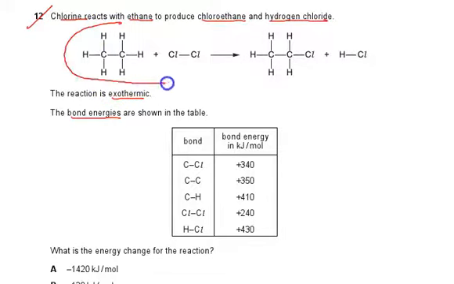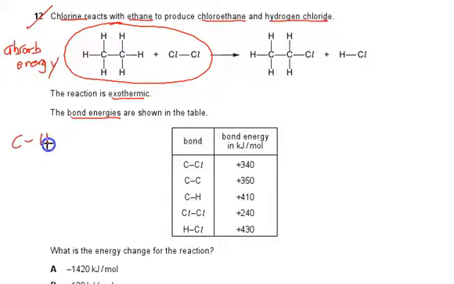For this reaction, the reactants need to absorb energy. They absorb energy to break the bond. So let us calculate this. C-H, look at here, 1, 2, 3, 4, 5, and 6. So here we have 6 times 410. Then we look at others.